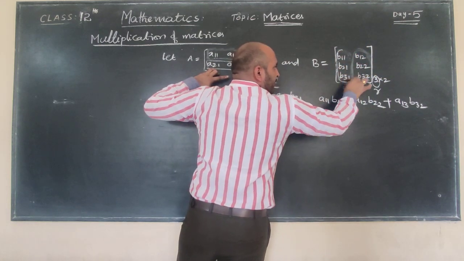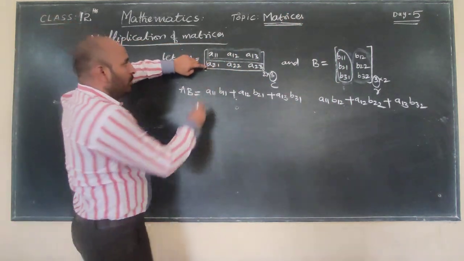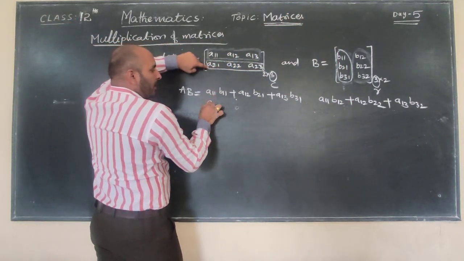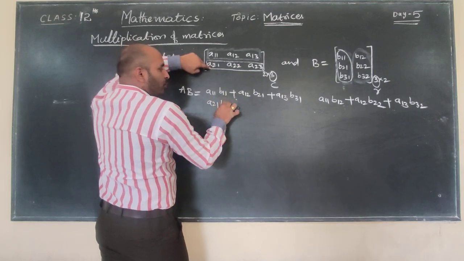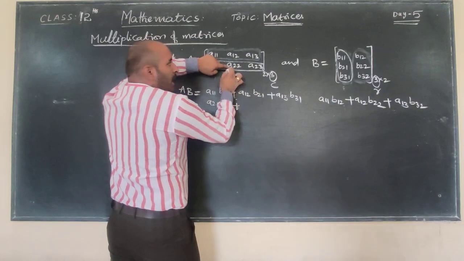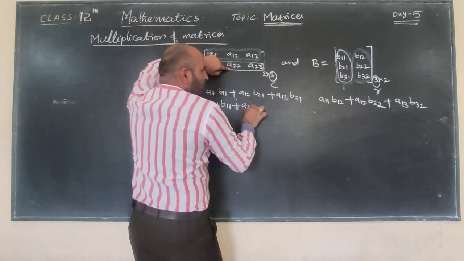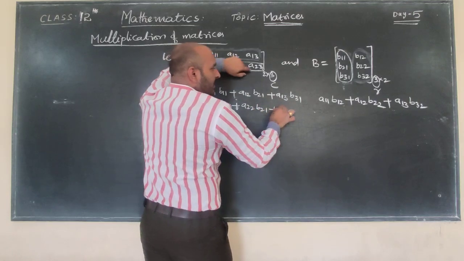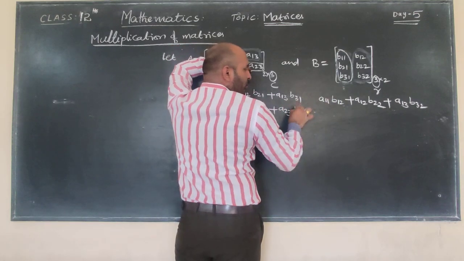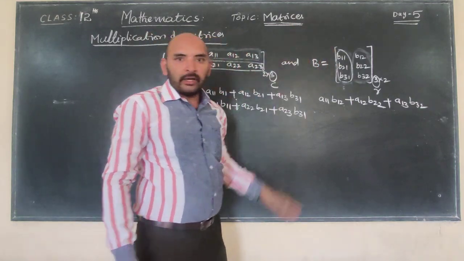So A21 into B11, corresponding positions, plus the second element in the first column, A22 into B21, plus A23 into B31. So second row with first column is over.